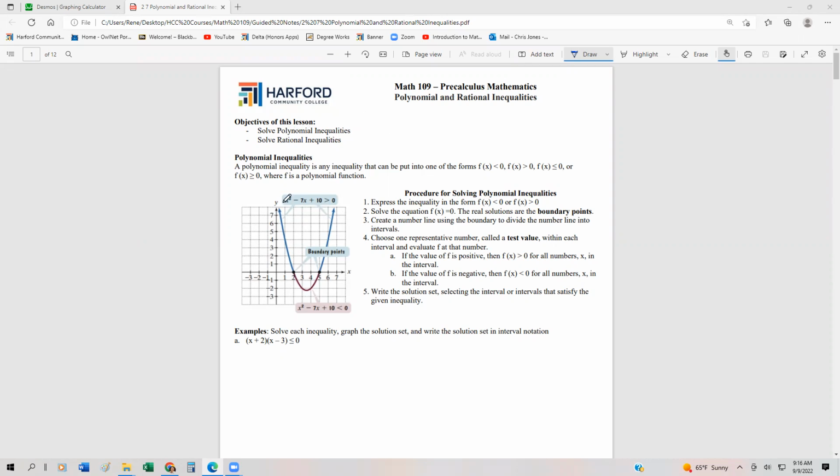We have a polynomial function, and we're trying to look at where it's going to be either greater than or equal to 0, less than or equal to 0, greater than 0, or less than 0. If we take a look at this polynomial inequality, x squared minus 7x plus 10 greater than 0, there are points where the function goes from above the x-axis, which is greater, which is the solution, but down here, it's not part of the solution set, everything that's less than 0.